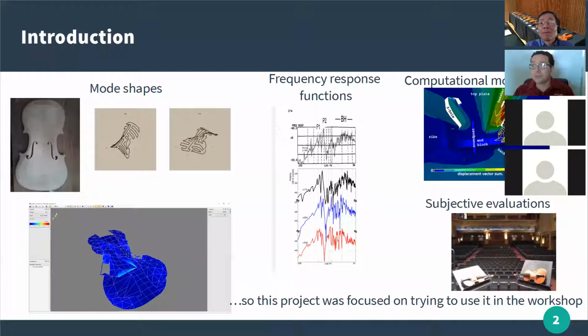We have frequency response functions in terms of bridge mobility, radiativity patterns, directivity patterns, corpus mobility. We have computational models, theoretical models, analytical, numerical, finite element models, and more recently, we have more information about subjective evaluations.